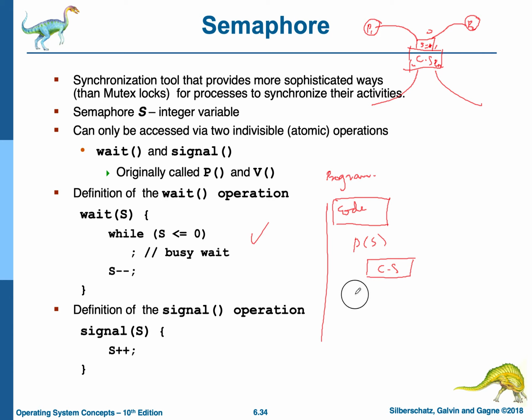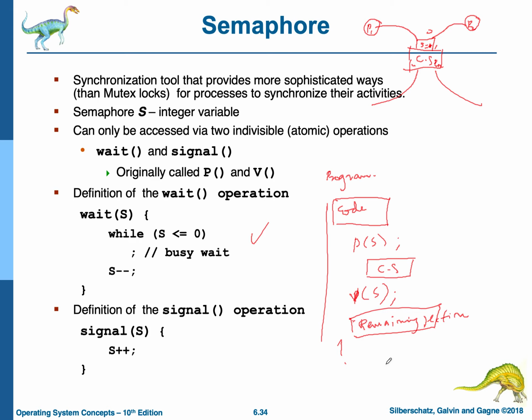When it is over, then V of S is executed, as we have already seen the implementation of P of S and V of S, and once it is over, the remaining section will come. Okay, so this is just an example of how these are actually implemented.